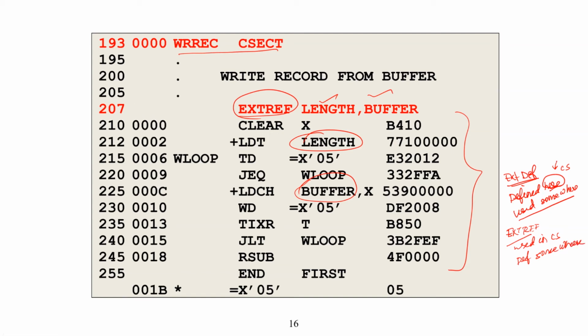Now I think you are aware of what a control section is, but how is a program linked here? Consider an instruction.